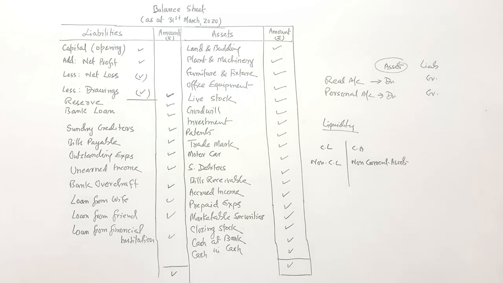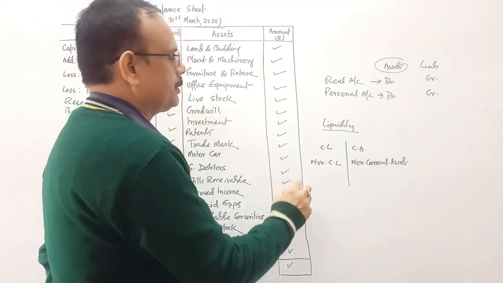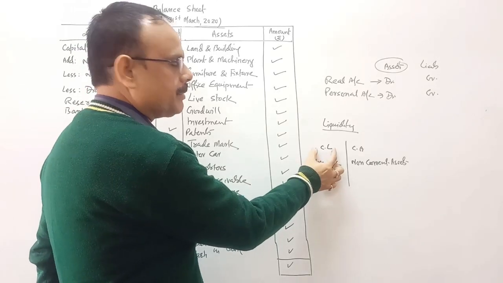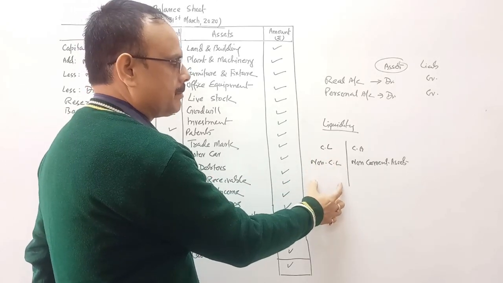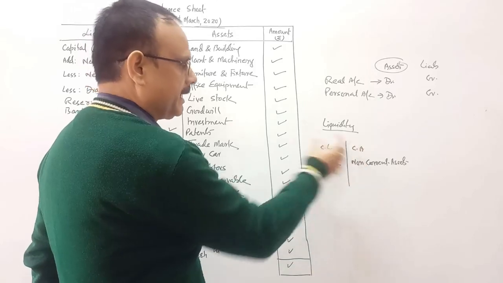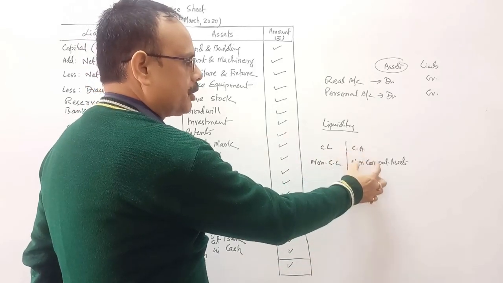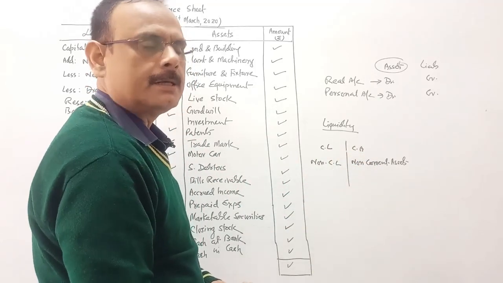So we have to see whether it's in order of liquidity or in order of permanency. So in order of liquidity, current liability will be at the top and non-current liability will be at the bottom in the balance sheet. Current assets will be at the top and non-current assets will be at the bottom.